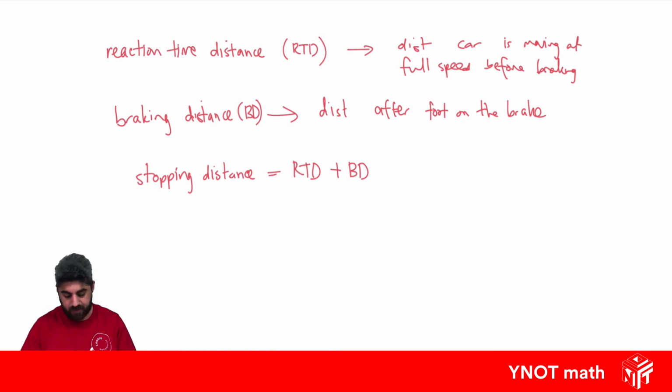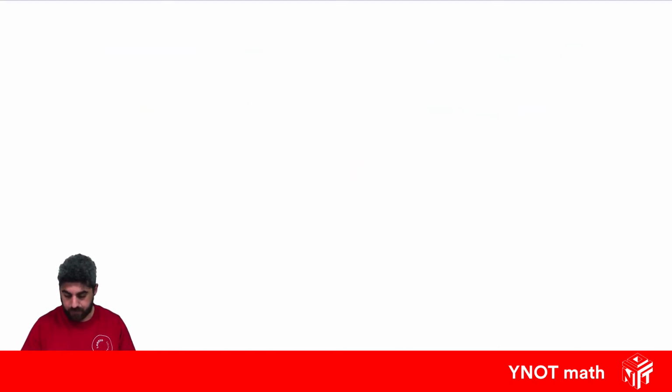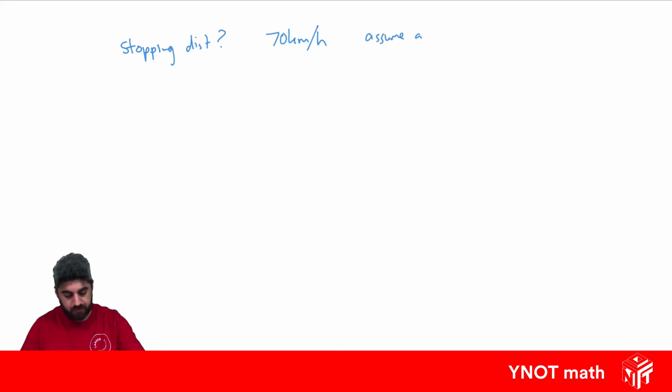So let's have a look at an example. We want to find the stopping distance if we're traveling at 70 kilometers per hour, and we're going to assume a reaction time of 2.5 seconds.